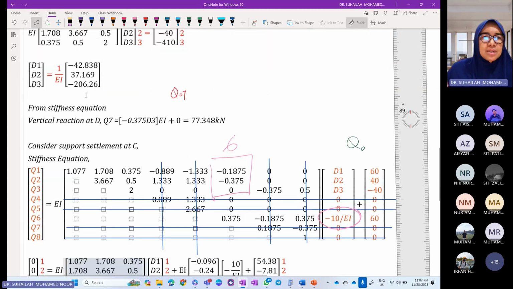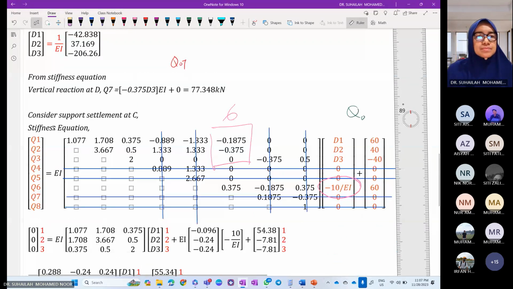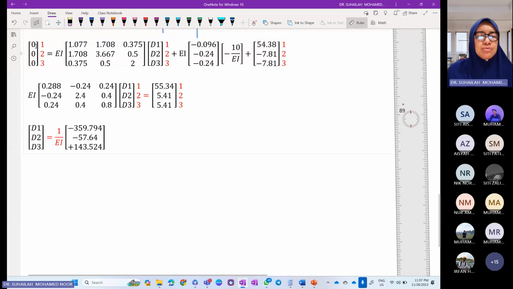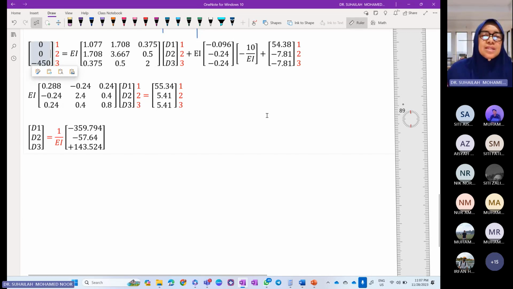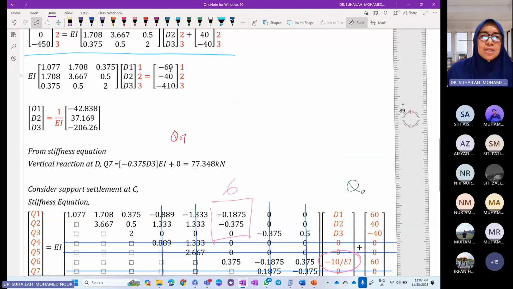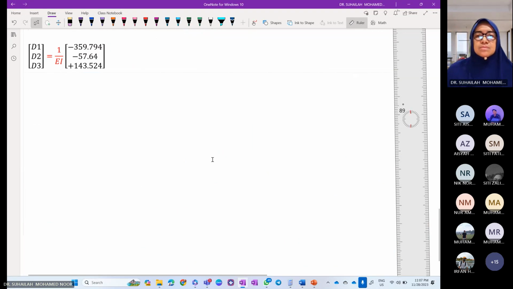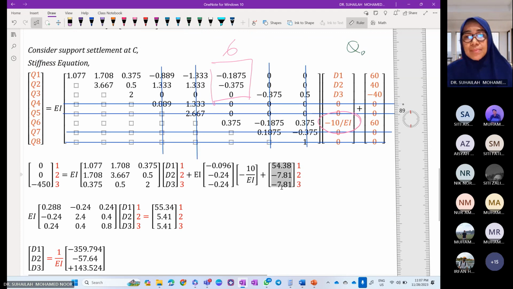And then sini also. So we get new, actually the same, except kita tambah. Okay, this one also. Sekejap. This one also. The same thing, except kita tambah yang 6 punya ni.